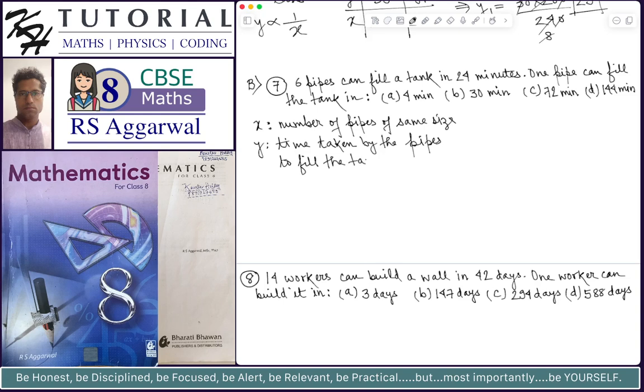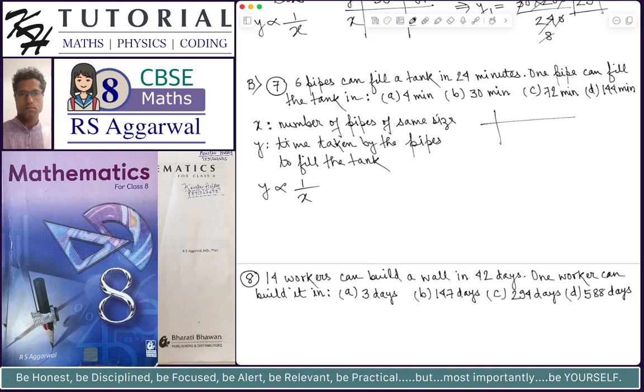Now here the work done is constant, which is filling the tank, and the volume of the tank is constant, it is not changing. So in this case we can say that the time taken to fill the tank by the pipes will be inversely proportional to the number of pipes.